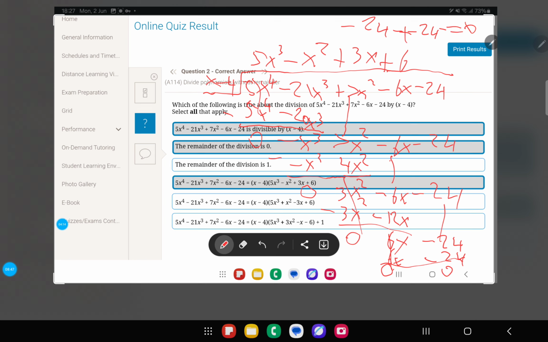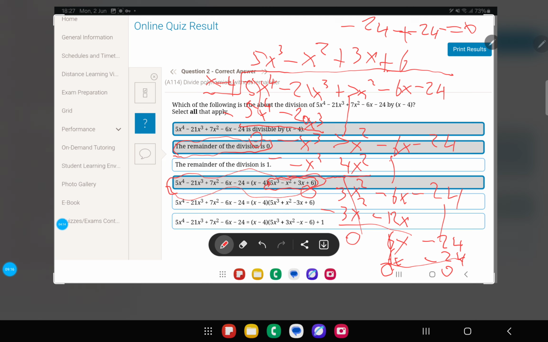So there's no remainder. That means the remainder of the division is 0. That's the correct answer. And let's see what we got. We got 5x cubed minus x squared plus 3x plus 6. Let's see what they say here: 5x cubed minus x squared plus 3x plus 6. We got it correct. So this is correct too.